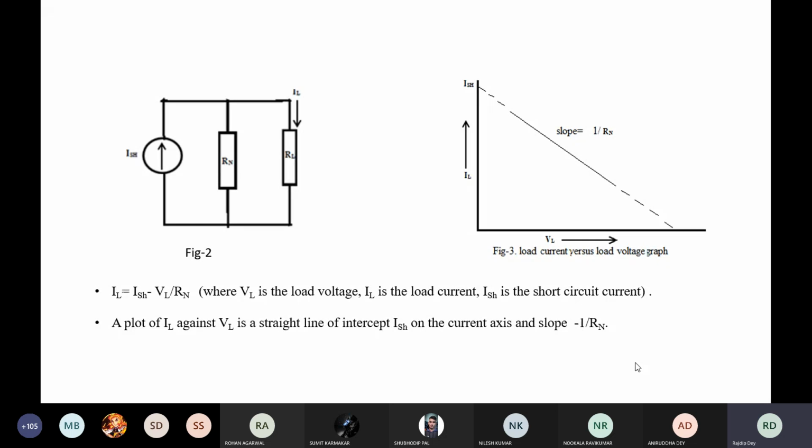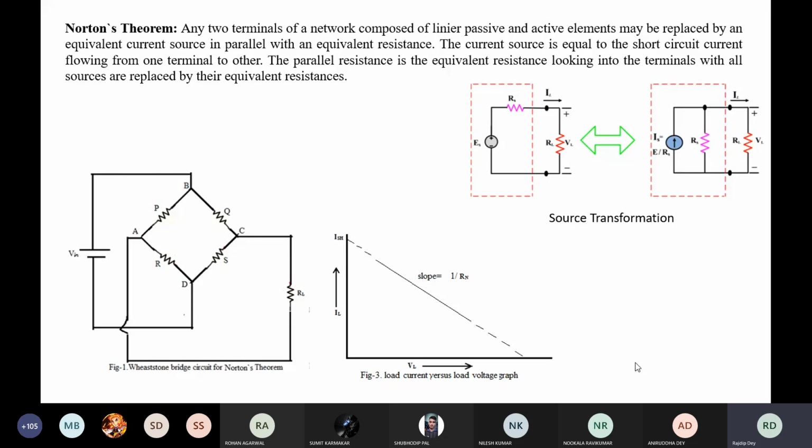Now, if we want to prove that Norton's theorem is valid, that means the circuits in figure 2 and figure 1 are the same. That we have to show. Now, how to show that they are the same?